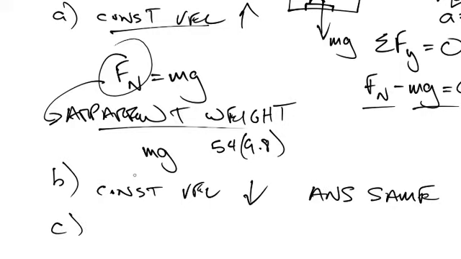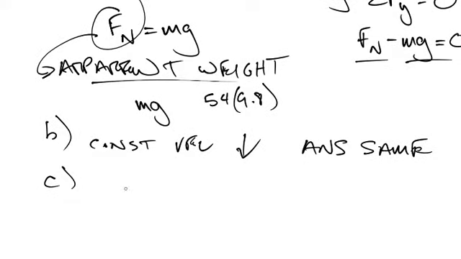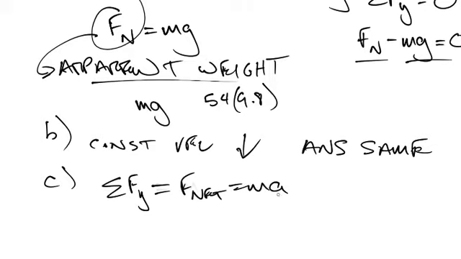Part C says with an upward acceleration of 0.33 g. Now this one does change. So now what we have is summation of the forces in the y equals ma, which is F net, and in this case a is going to equal 0.33 g.